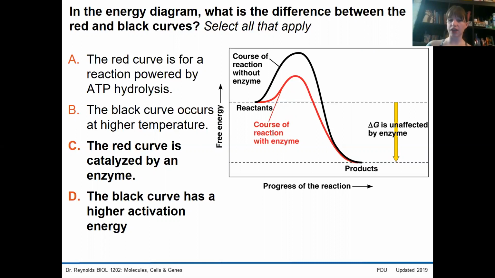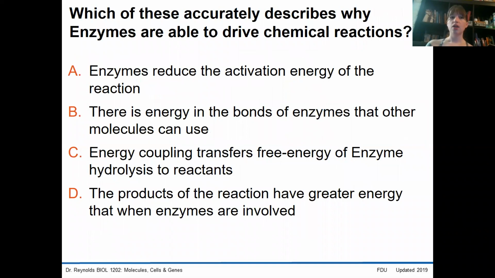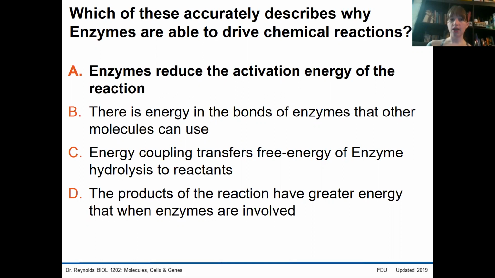There's nothing here that identifies that for us. But we can say that the red curve has a lower activation energy, and so it's going to be catalyzed by an enzyme. So which of these describes why enzymes are able to drive chemical reactions? Good. Enzymes reduce the activation energy of that reaction.